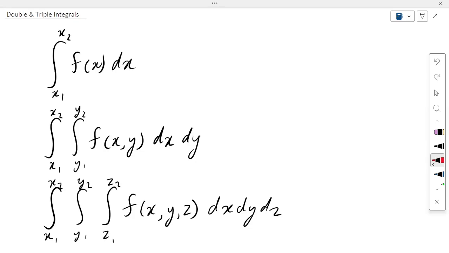We'll have a function, but in terms of 2 different variables, because normally we would do it in terms of 1 variable with respect to only 1 variable. This time we're doing it with respect to 2 variables, which is x and y. And if it's triple integrals, it's with respect to 3 variables. Okay, let's move on to the first example so we actually know how to do this integration.